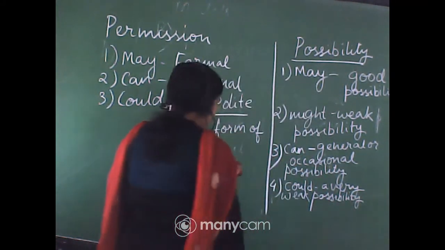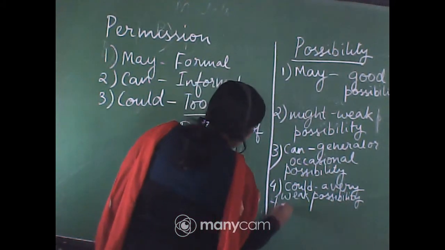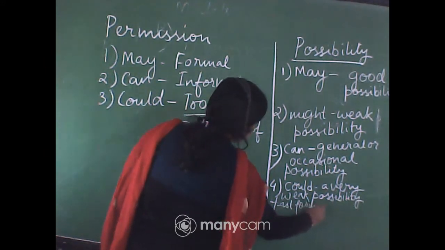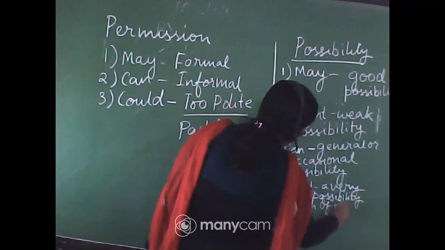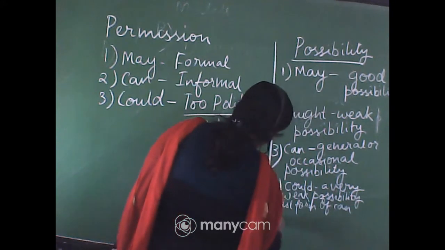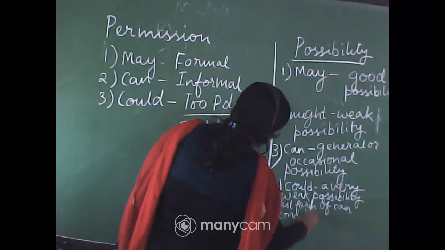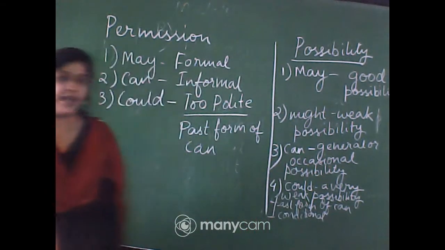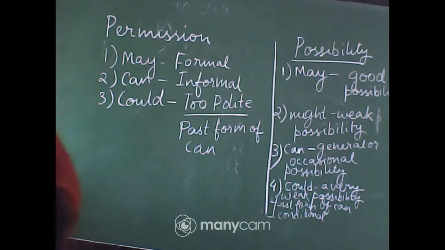Okay. And it is also used as a past form of can, as well as a conditional. It is also used as a conditional, just like might. I could go to the movie theater if he asks me, like that. Okay.